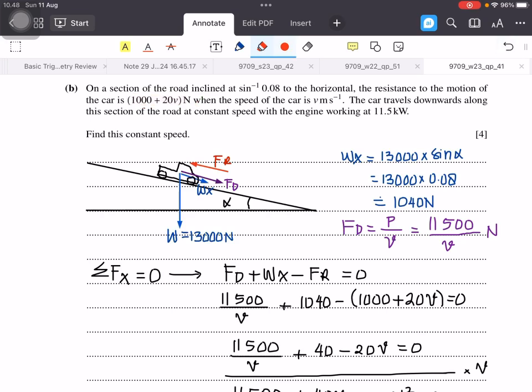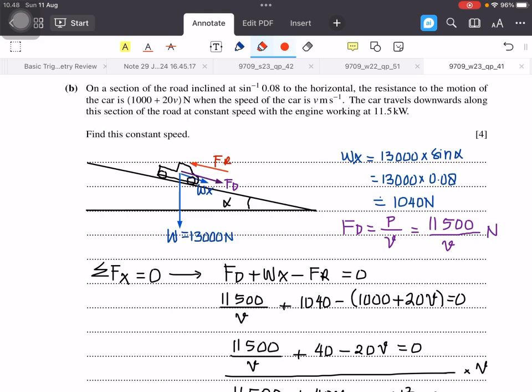So in this case we need Wx only. Wx is equal to 13,000 times sine alpha. So Wx is 1040 Newton.